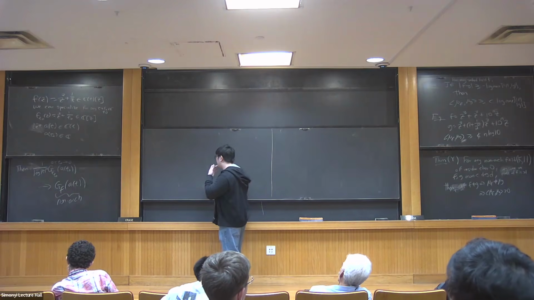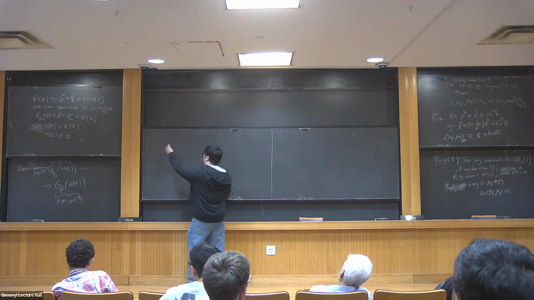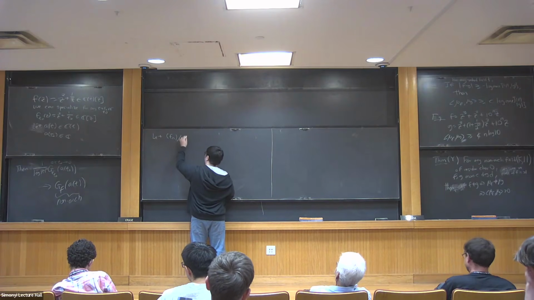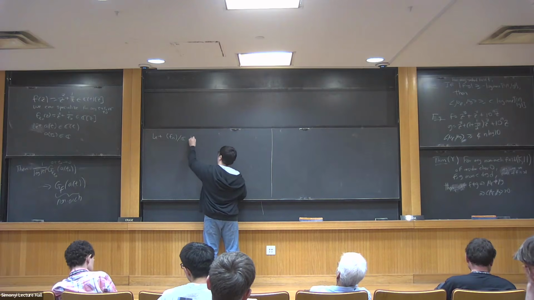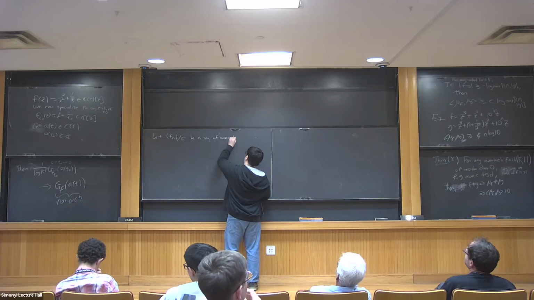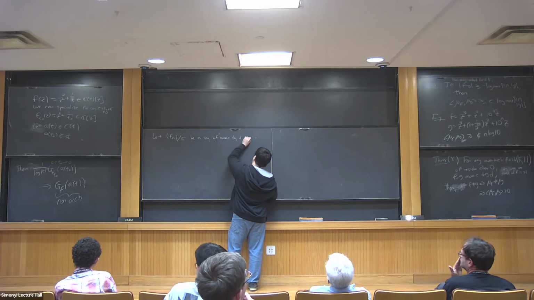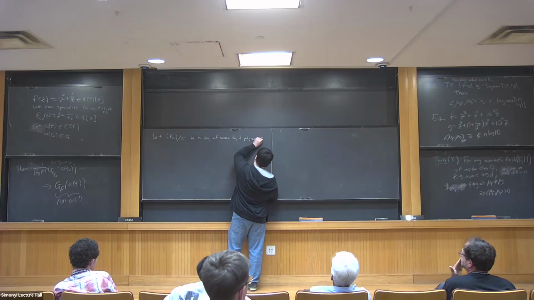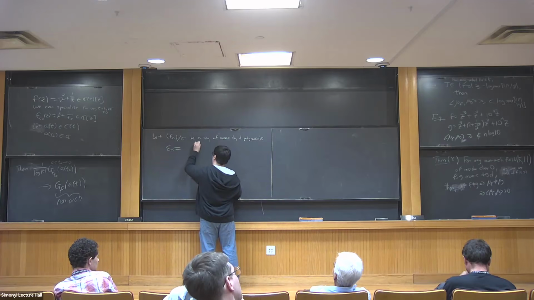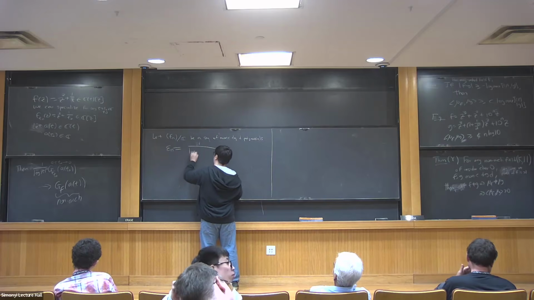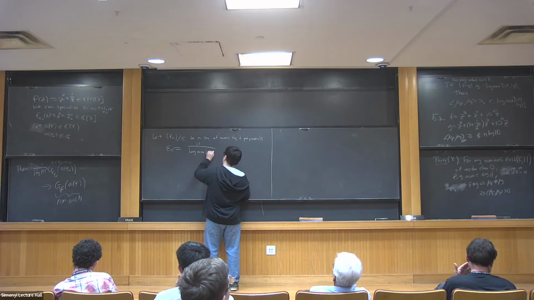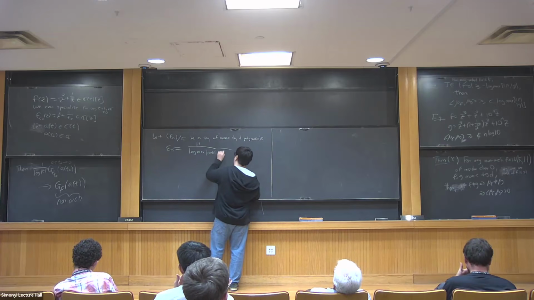Okay, so let me describe the construction in general. Let f_n be a sequence of monic polynomials, let's say over C to be simple, of degree d. Let epsilon_n be 1 over the log of the max coefficient of f_n.